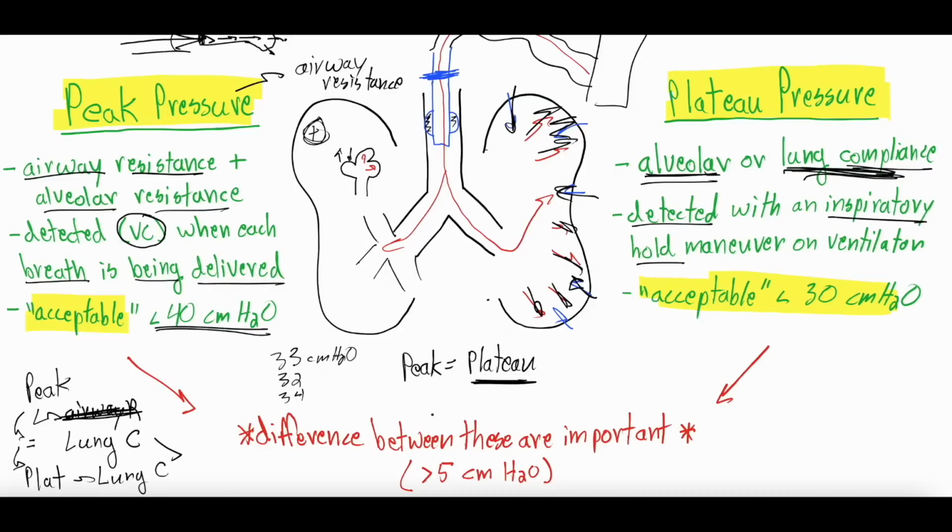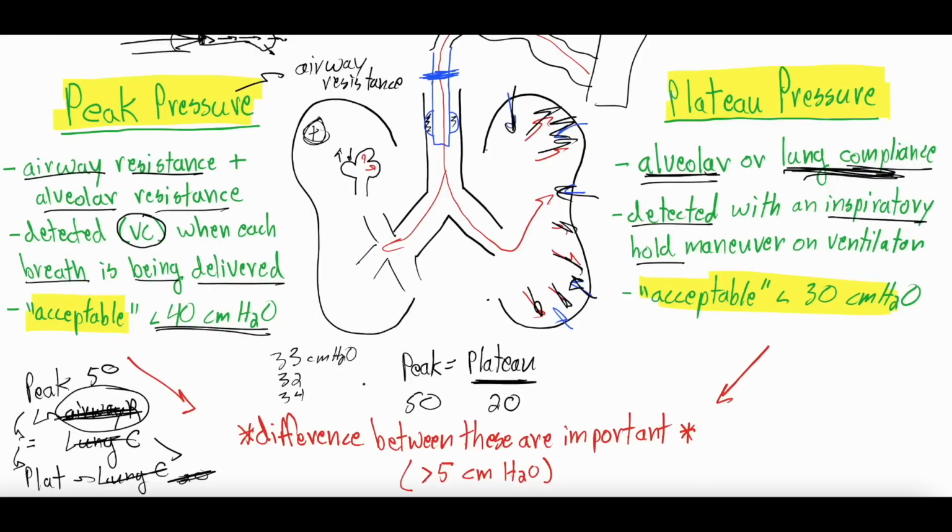That's in contrast to if the peak pressure is greater than the plateau pressure. So let's just say the peak pressure is 50 and the plateau pressure is 20. Well, now this changes, right? Because if we're saying the plateau pressure is 20 and the peak is 50, we can essentially say that, well, 20 is related to lung compliance, but the other 30 left is airway resistance.